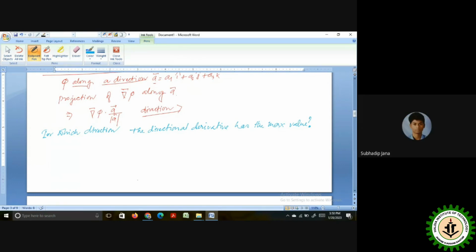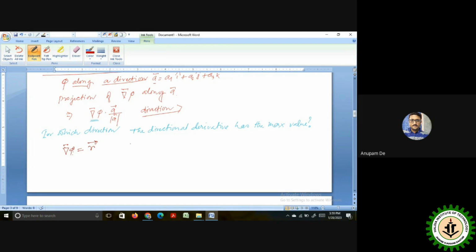Right. Suppose this is the vector, which I am considering as grad phi. Suppose this grad phi is equal to the vector r. This is a variable vector because phi is a function of x, y and z.